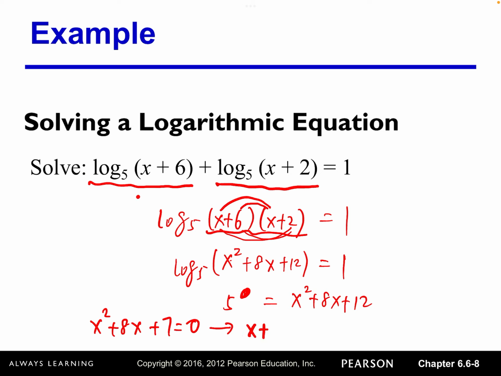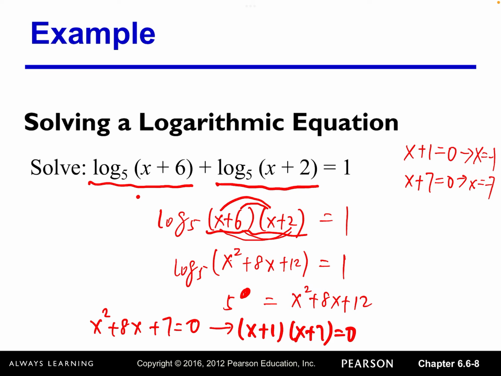So we can factor as x plus 1 times x plus 7 equal to 0. Then apply the zero factor rule: either x plus 1 equals 0 or x plus 7 equals 0. Solving each linear equation, we get x equals negative 1 or x equals negative 7.